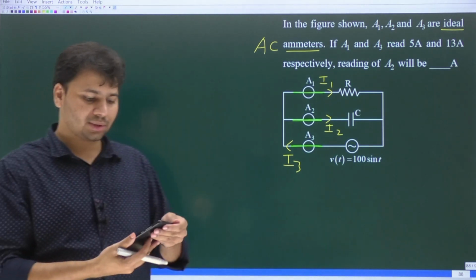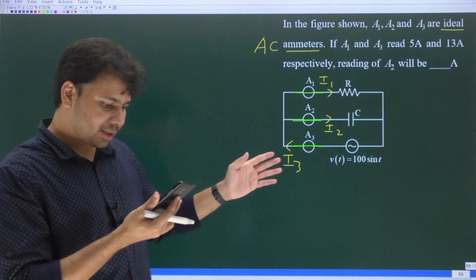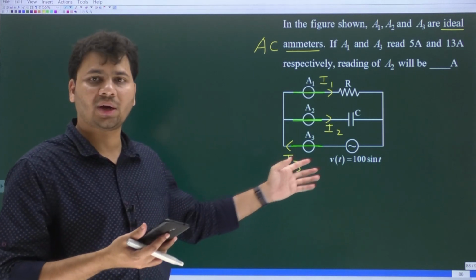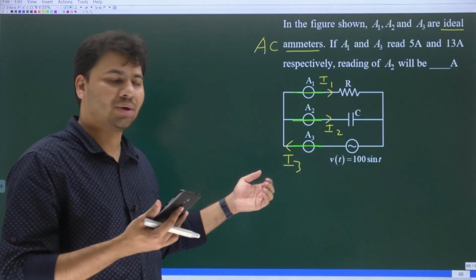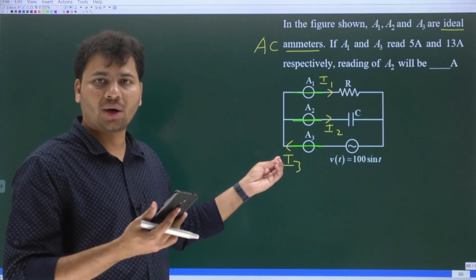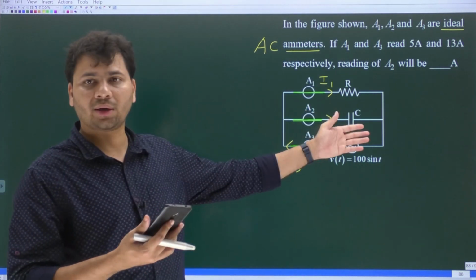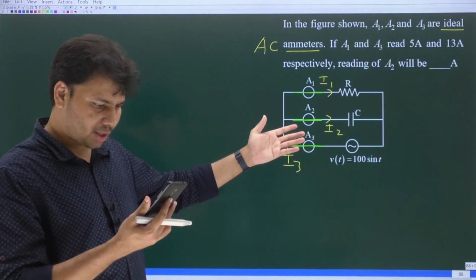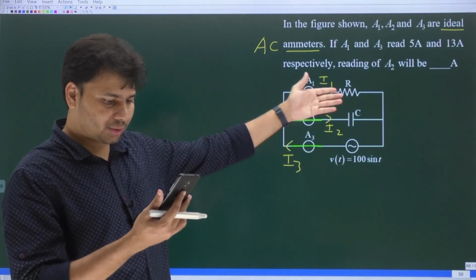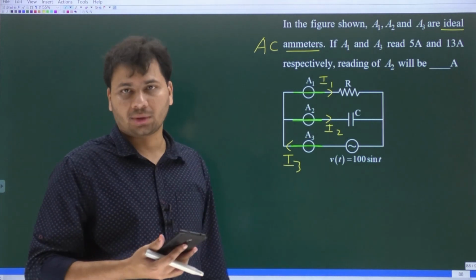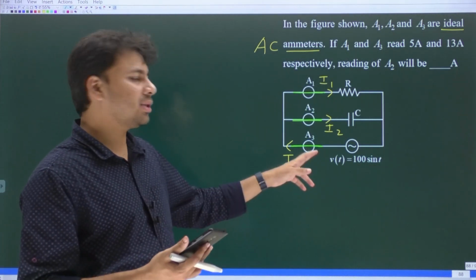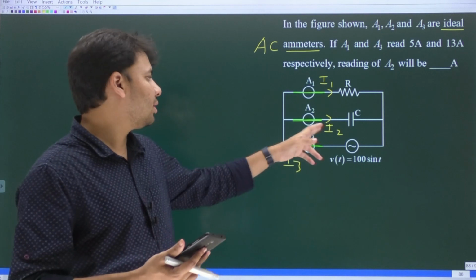So do the directions make sense? Look at this. I3 is the current drawn from the source, and that will get divided into 2 parts. One part will flow through the capacitor as I2. The remaining current will flow through the resistor as I1. You understood? So I3 is the current through ammeter A3. I2 is what?